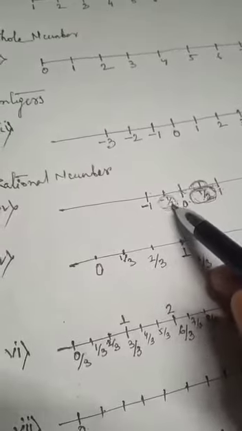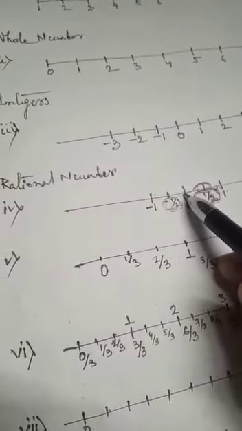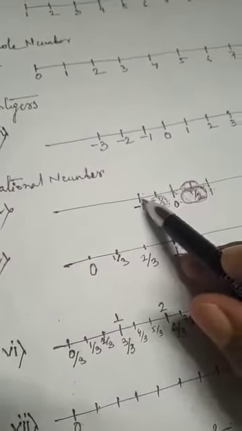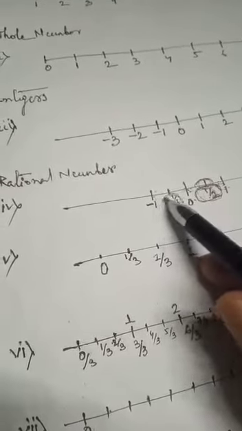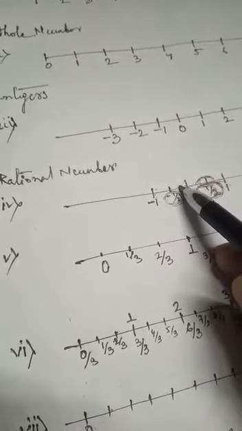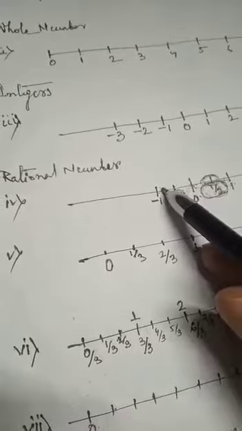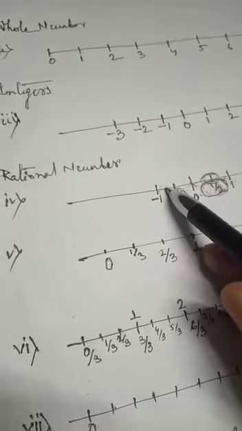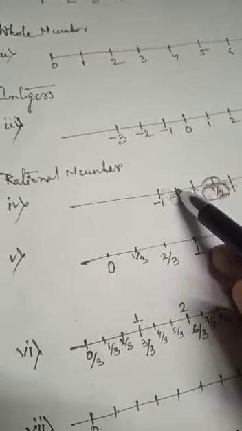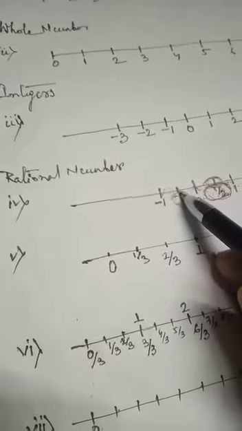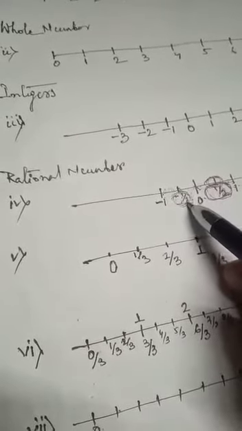Why do we write -1 by 2? Because this distance from 0 to -1 is divided into 2 equal parts, this part and this part. So this point will be 1 by 2, with a negative sign.